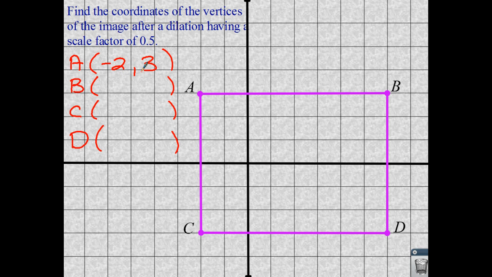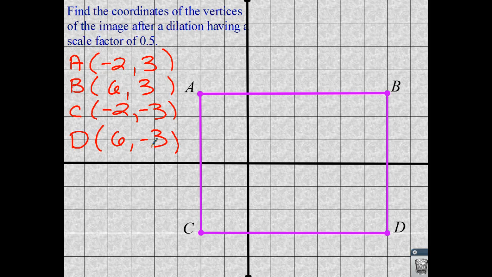B is 1, 2, 3, 4, 5, 6, +3. C is also -2, but it's -3 going downward. So that means that D must be +6 and -3.